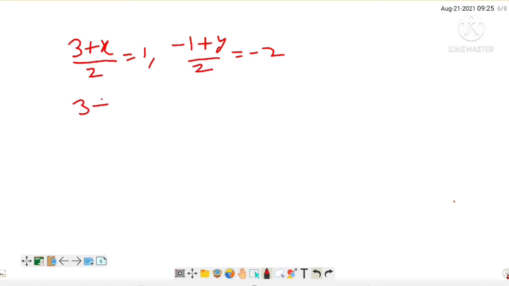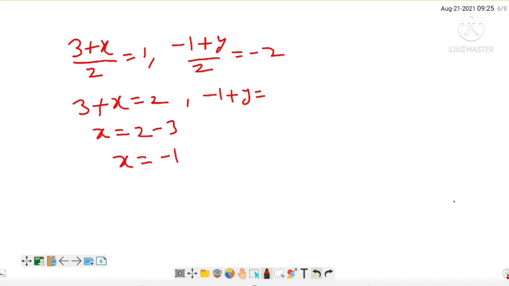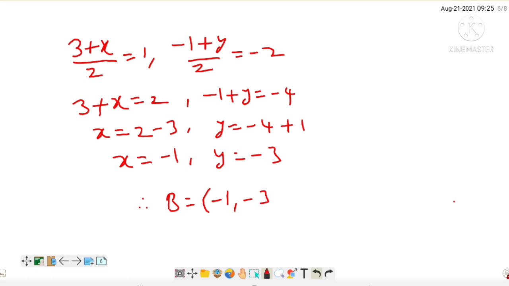So 3 + x = 2, x = 2 - 3 = -1. And -1 + y = -4, y = -4 + 1 = -3. Therefore the other end of the diameter is B(-1, -3).